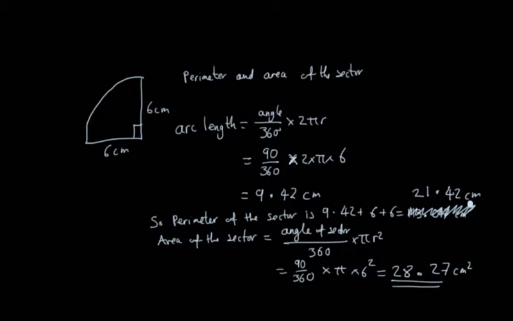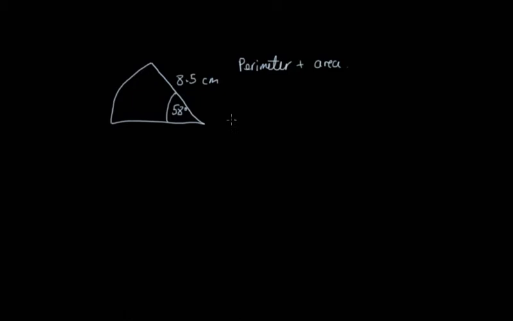So let's do another one. So we have a sector this time with length 8.5 centimeters and angle 58 degrees. And again, we want the perimeter and area. So again, we're going to find the arc length.